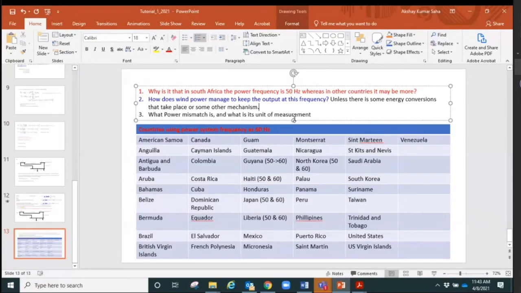But in a wind turbine we cannot control the wind. That's the problem compared to those other examples. For a steam turbine, water turbine or gas turbine, we can control the input water, the input steam, the input gas. But for a wind turbine, we cannot control.